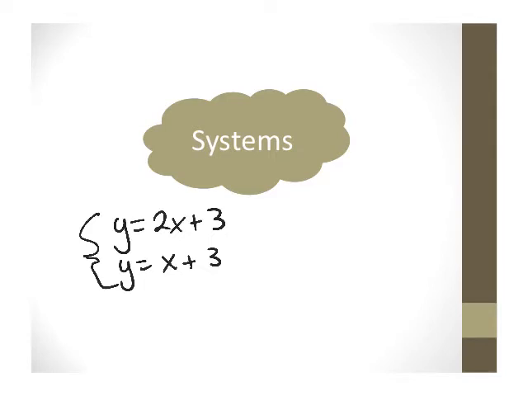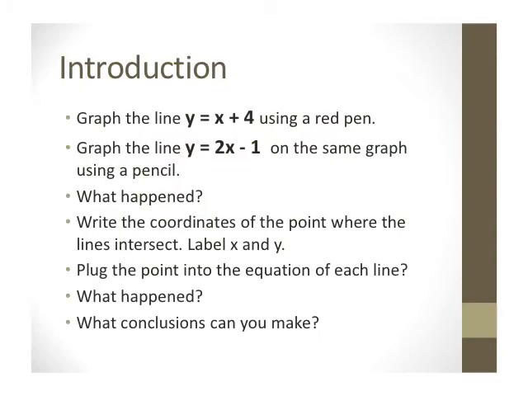Otherwise, they're just one equation and the other equation. Together, they make a system. Essentially what we're going to do is graph it. We have two equations, and together they make a system.